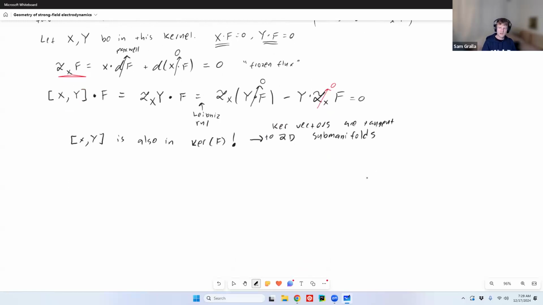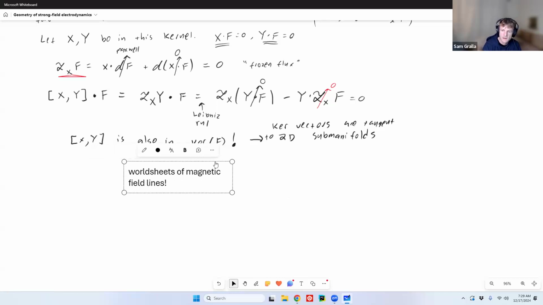And what are these manifolds? They turn out to be the worldsheets of the magnetic field lines. If you think about the magnetic field vector, let me write that out. It will always be in the kernel because, let's see, hopefully I can show it. B is going to be F tilde u_B according to some observer.